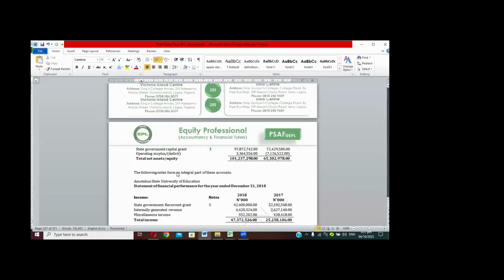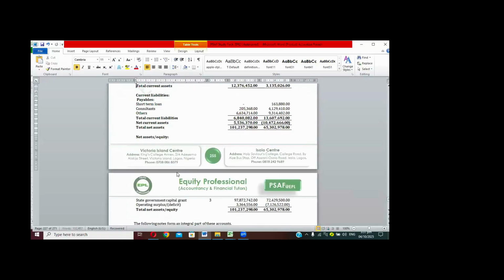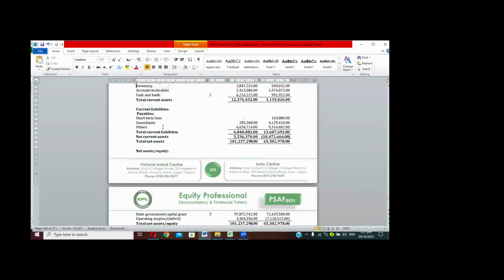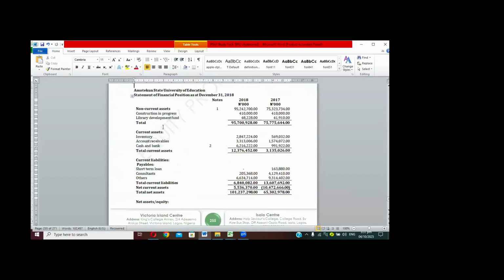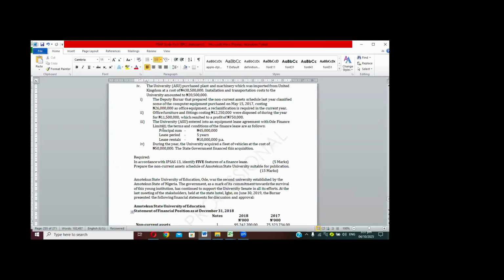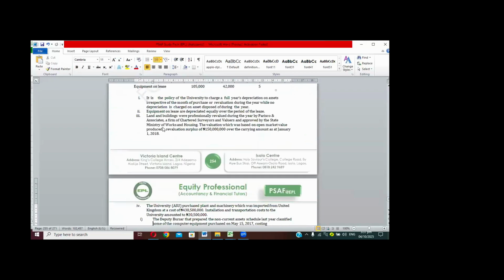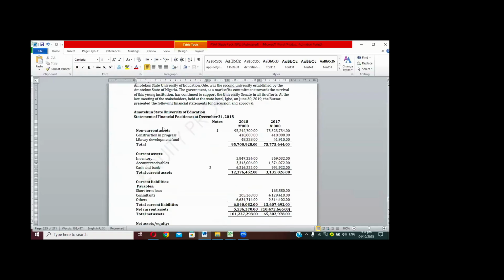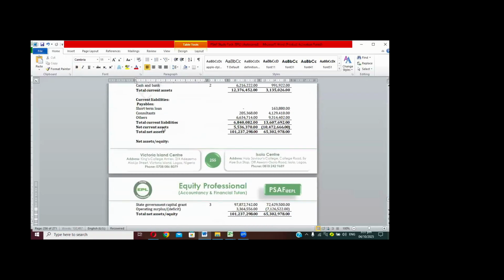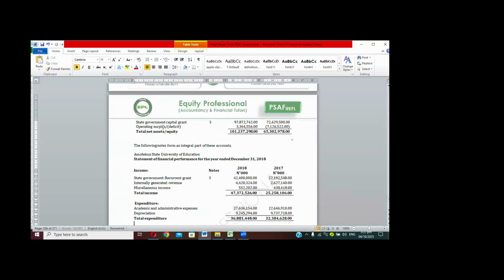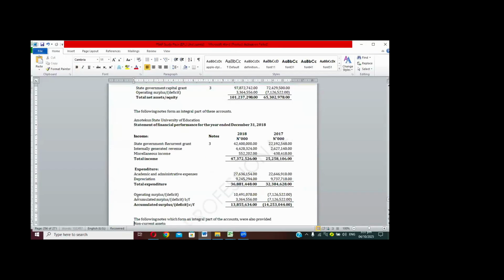Now, looking at the question, let's look at the income statement first. What can we deduce from the income statement? This is the statement of financial position. Then the next one here is the income statement. Now, when we compare the income and the expenditure, we have what we call operating surplus.